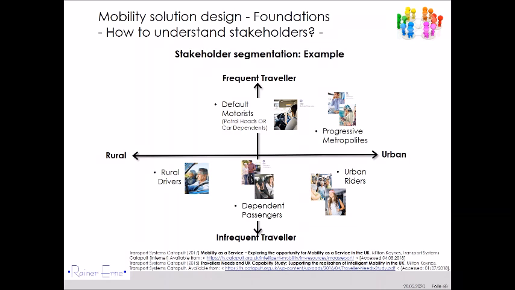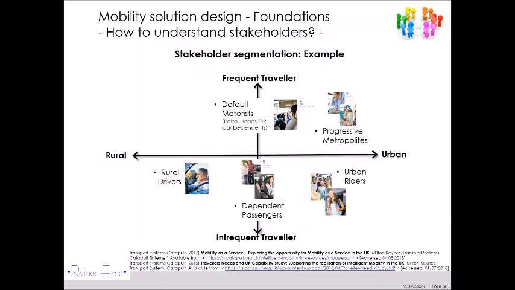We have progressive metropolites, which live in the city and which are not so dependent on individual cars because they have a lot of possibilities to use other means of transport. The same are urban riders. They differ from progressive metropolites in that they commute infrequently because they do a lot of home office or whatever.